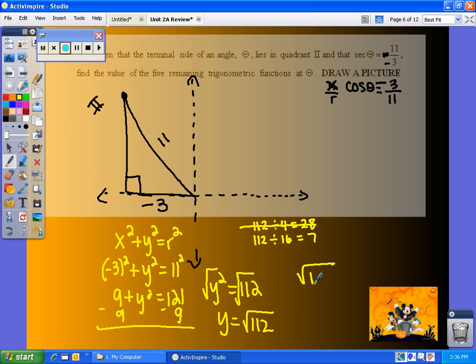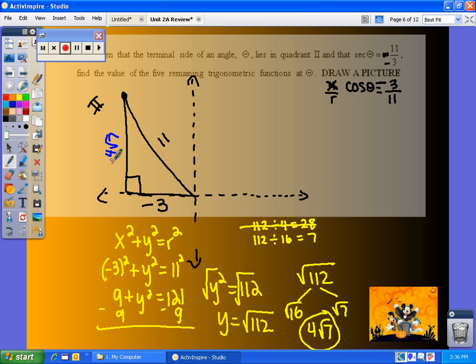So when you break down 112, we have 16, perfect square, and 7, non-perfect square, can't be broken down. Square root of 16 is 4, and square root of 7 stays the same. So make sure you do break it down. So that means that this answer that we're missing is 4 square root of 7.